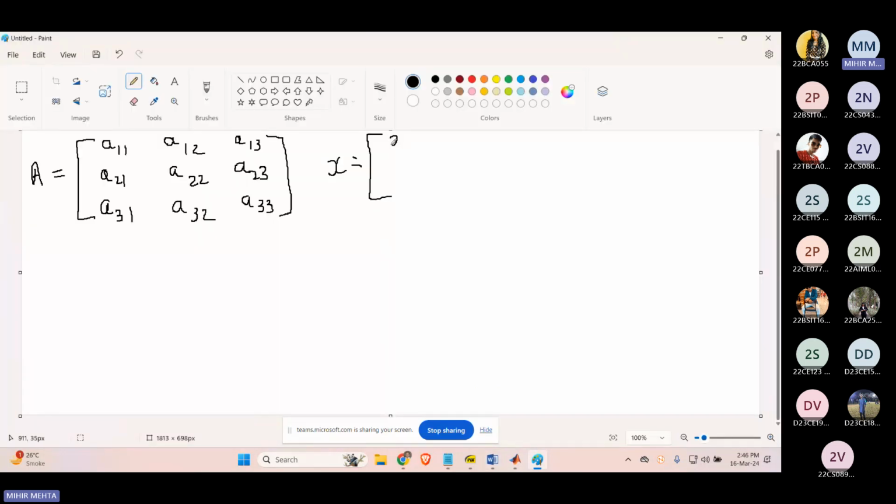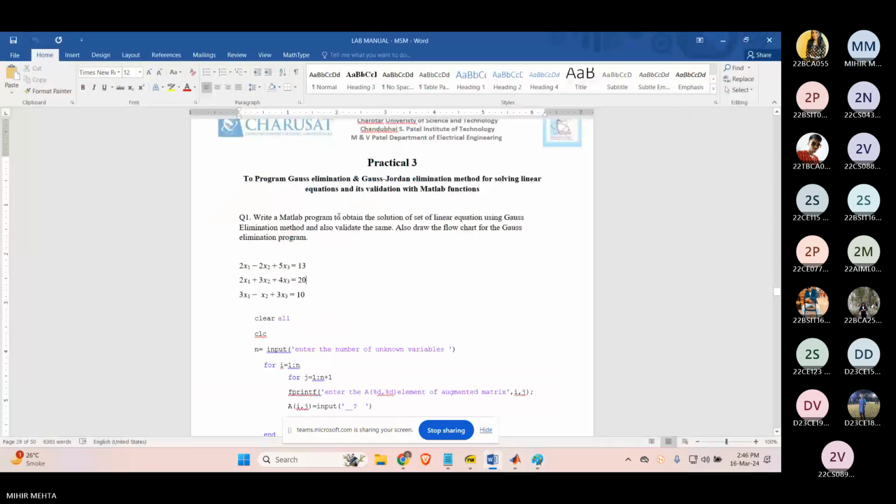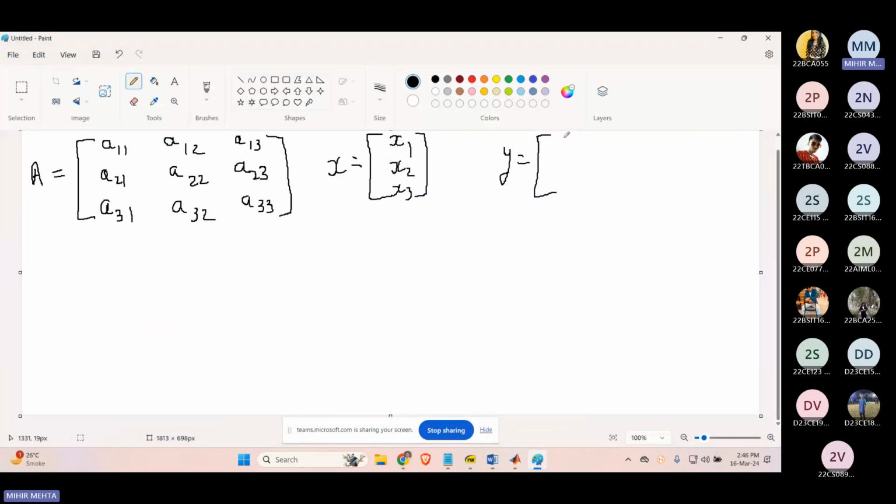Let's say this is equal to my third matrix. Call it V, Y, or whatever name you want. That is 13, 20, and 10. So let's call these the outputs 13, 20, and 10.